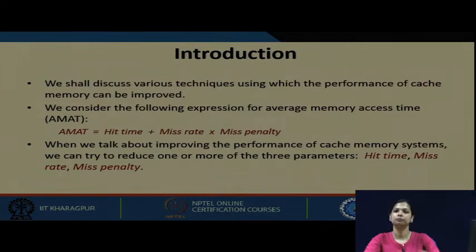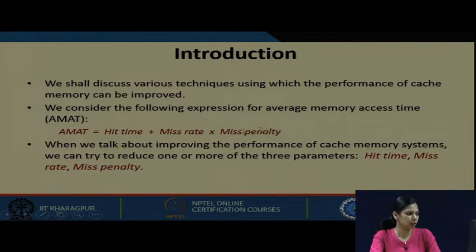Now coming to the methods which we will be looking into in some detail for cache improvement, how we can further improve the cache. So let us consider the expression of average memory access time, which is AMAT, which is hit time plus miss rate into miss penalty.